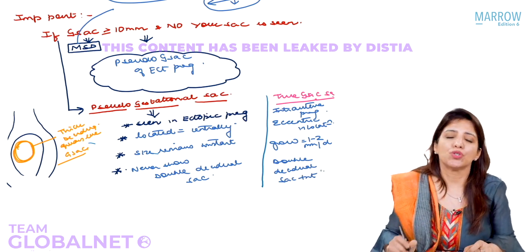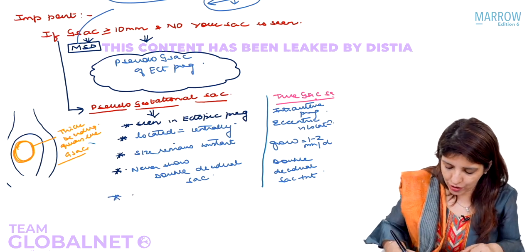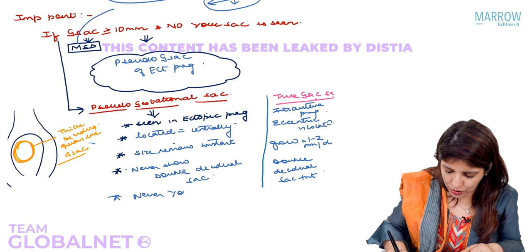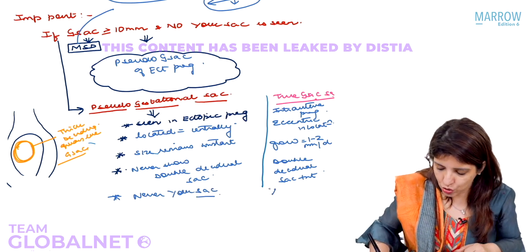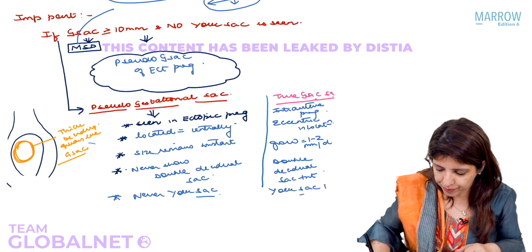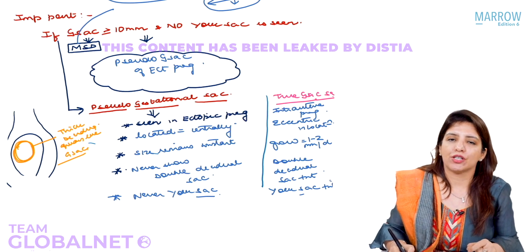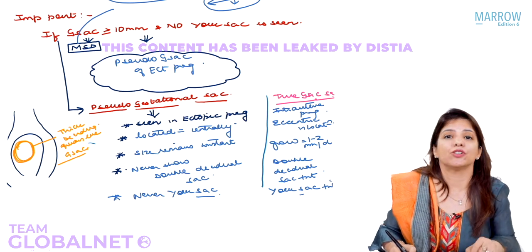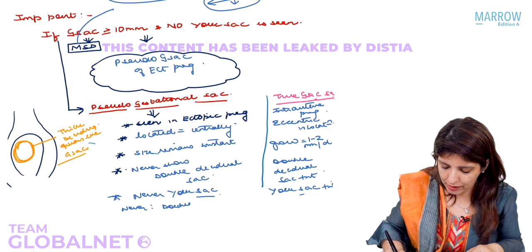Yes. So, next, in case of pseudo-gestational sac, you will never get yolk sac. Whereas in a true gestational sac, you will get yolk sac. Yolk sac will be present. Now, because in a pseudo-gestational sac, you will never get a yolk sac, that is why you will never get double bleb sign.